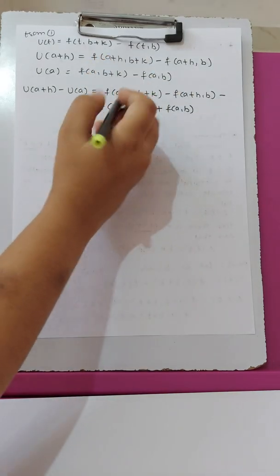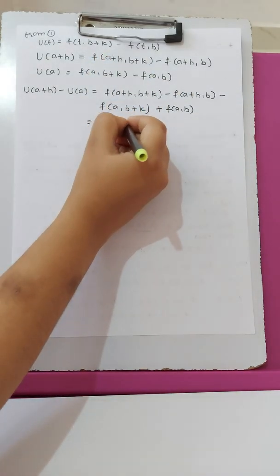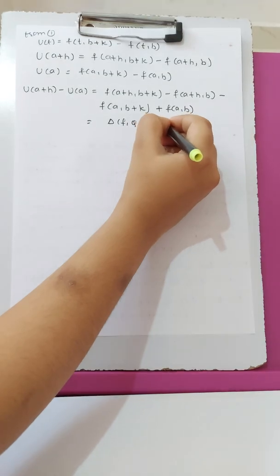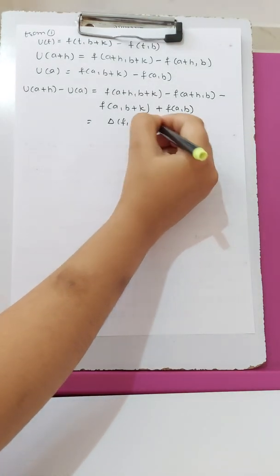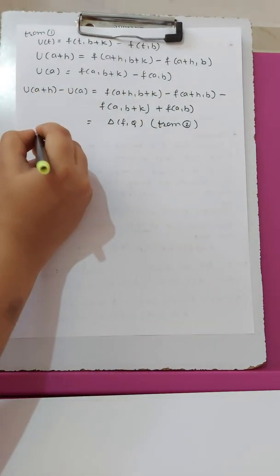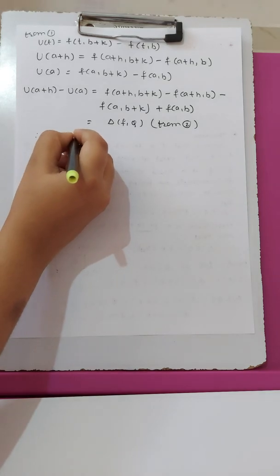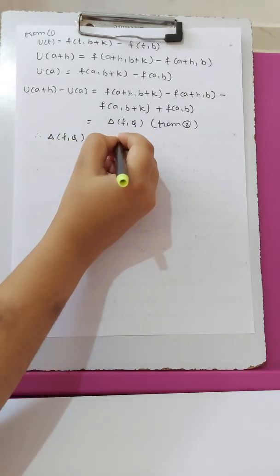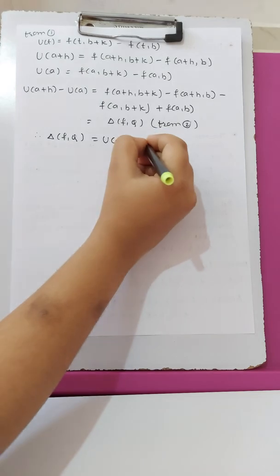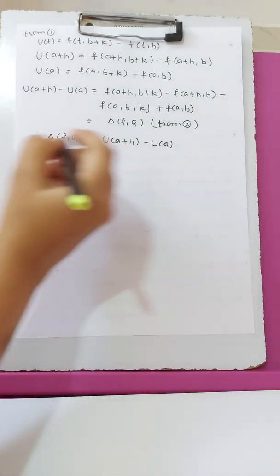Now this is delta f(Q) from 2. So therefore delta f(Q) equals u(a plus h) minus u(a).